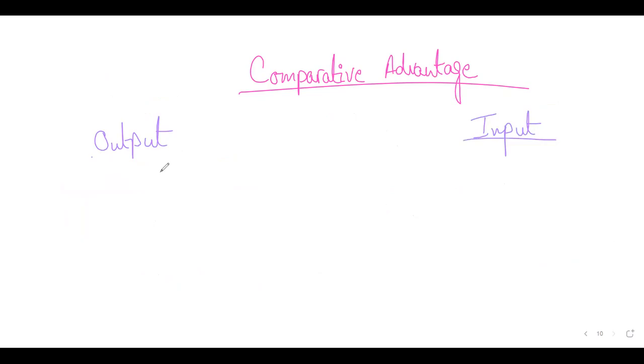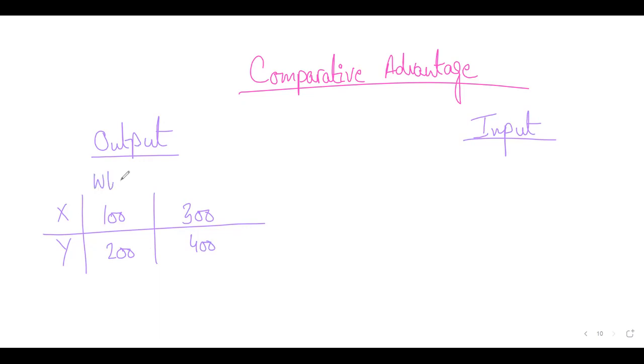Now for the output, think about this, X and Y. We did a very simple thing: whichever country can produce something at a lower opportunity cost. What is the definition of comparative advantage? When a country can produce something with lower opportunity cost, that is when it has comparative advantage, right? Wheat and cars. Okay, is this making sense?